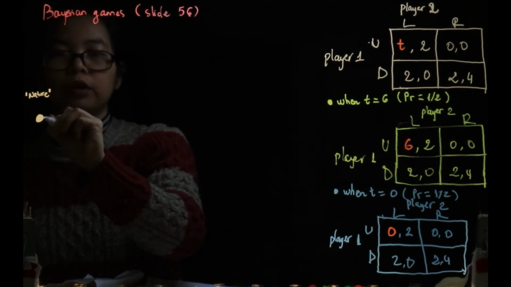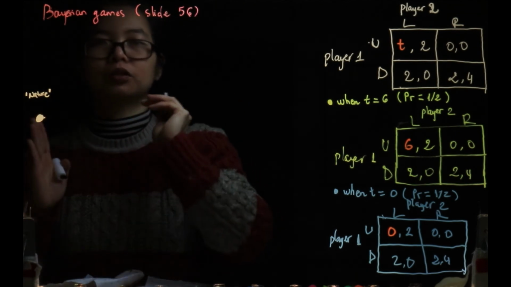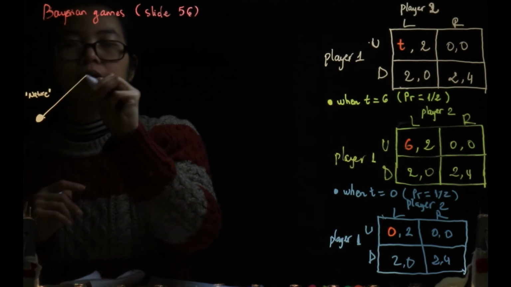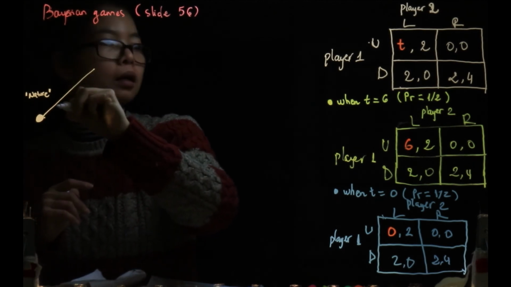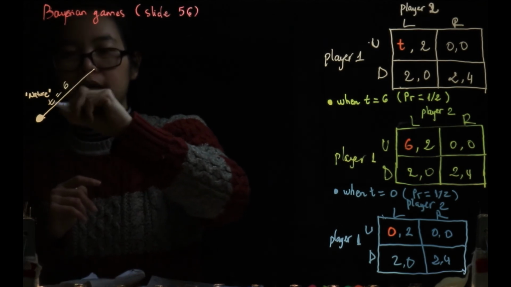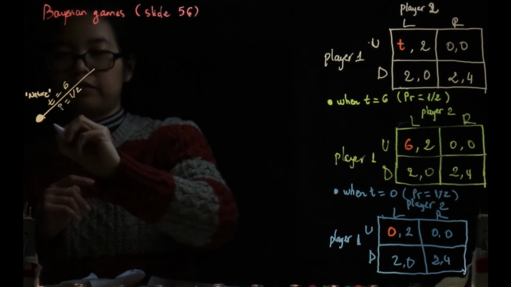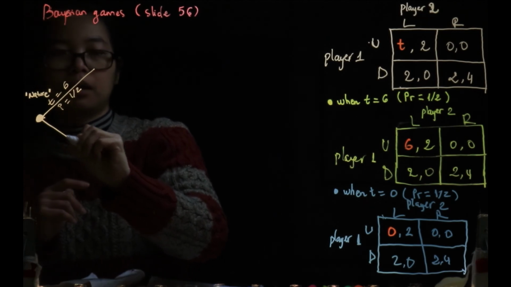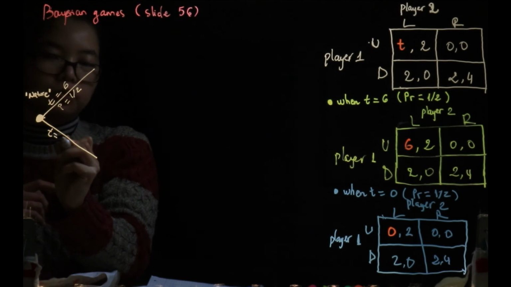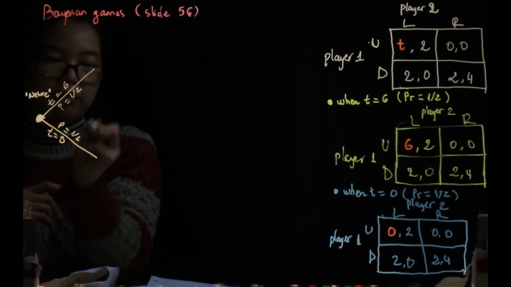Nature will pick the type of player 1. So nature plays first. That would be T equal to 6, one case with probability 1/2, or T equals 0 with probability 1/2.